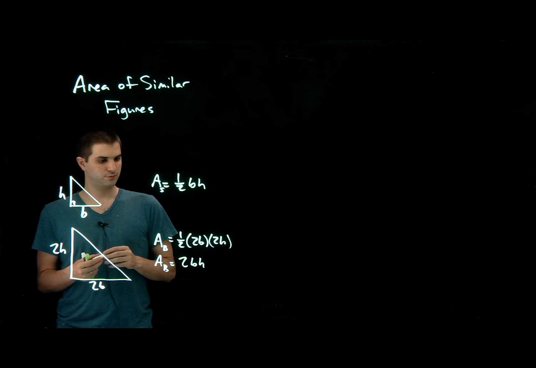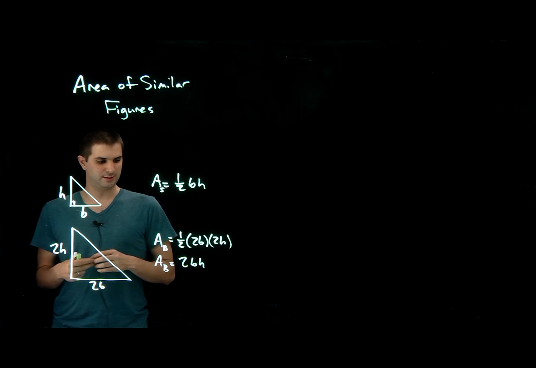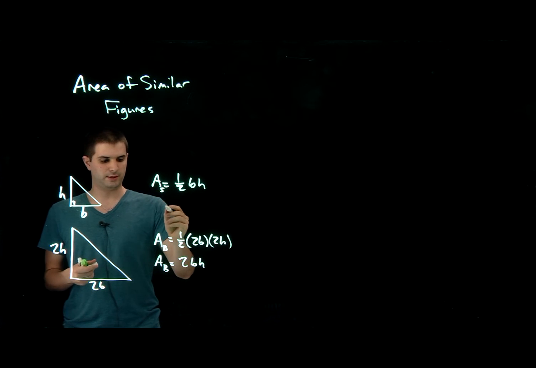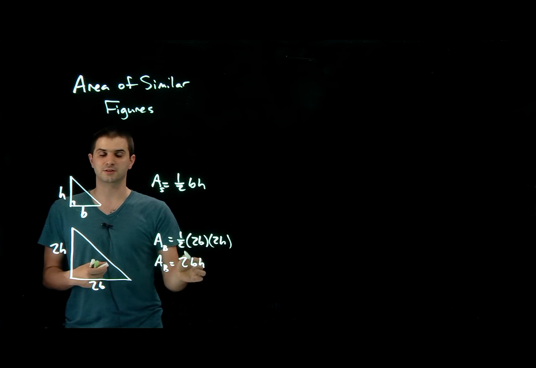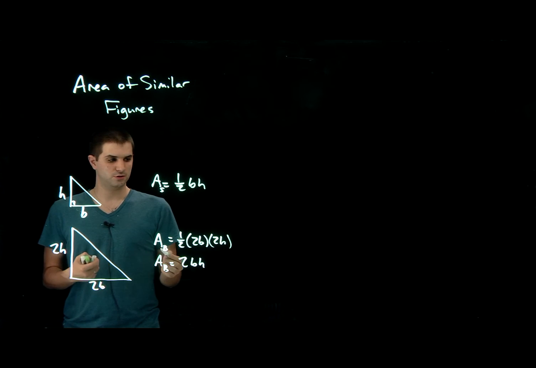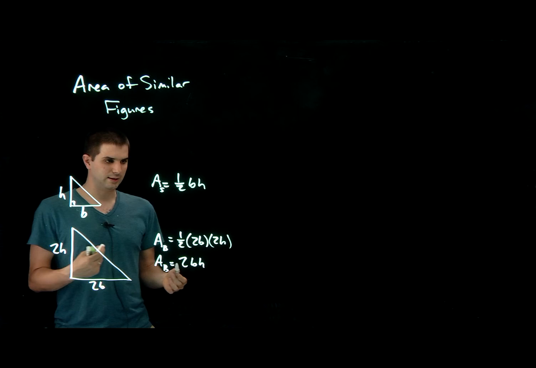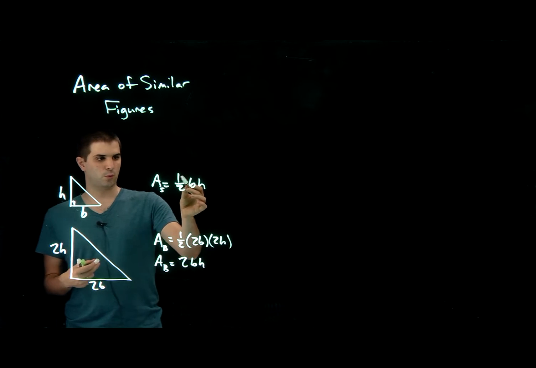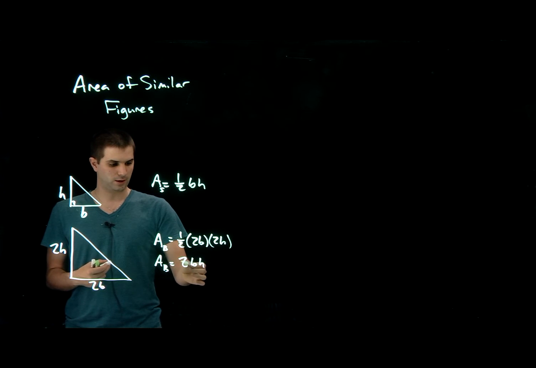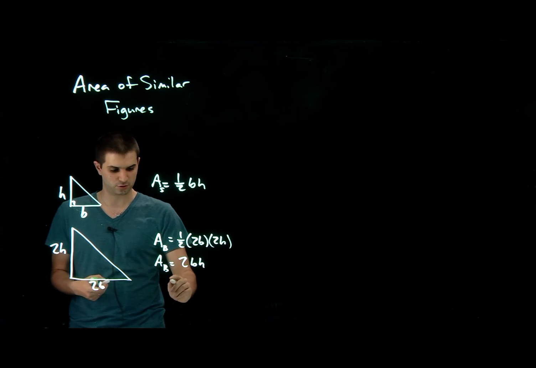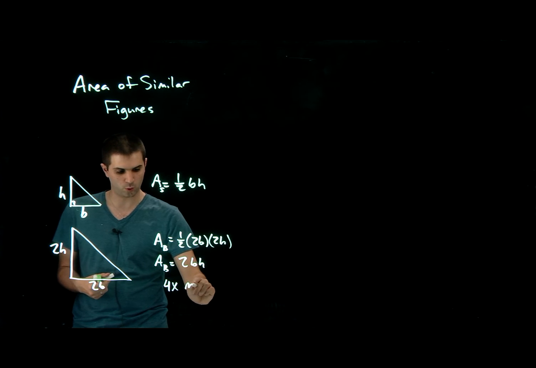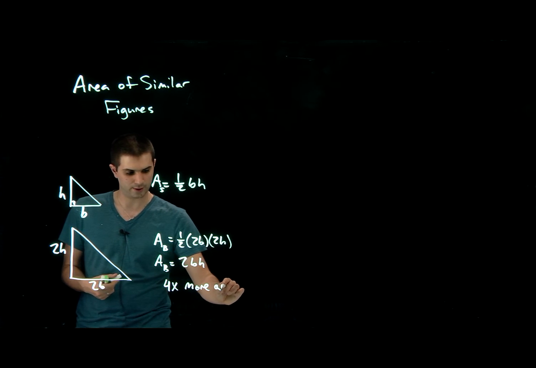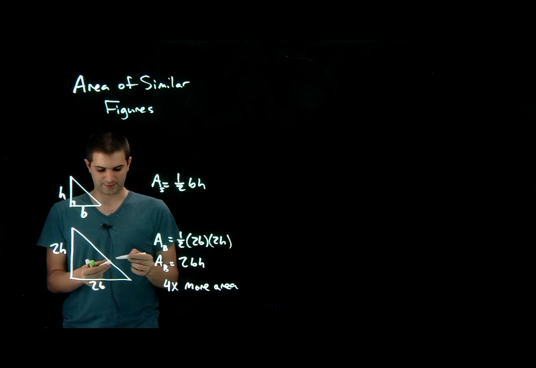So what is the difference between here and here? How much bigger is this? From 1/2 bh to get to 2bh, it looks like this got 4 times bigger. So this is 4 times more area.